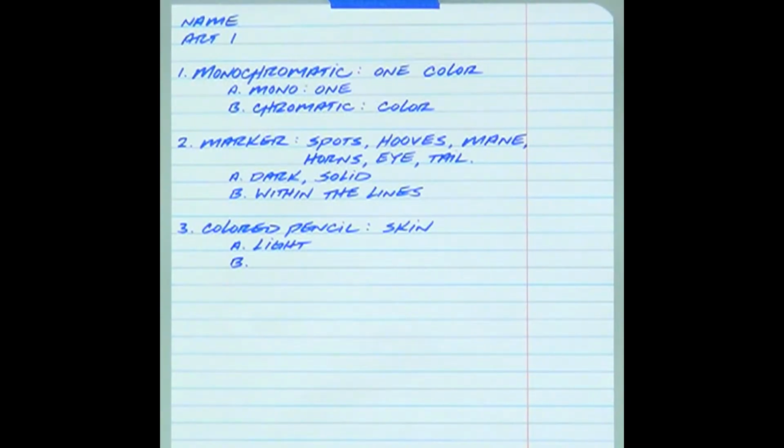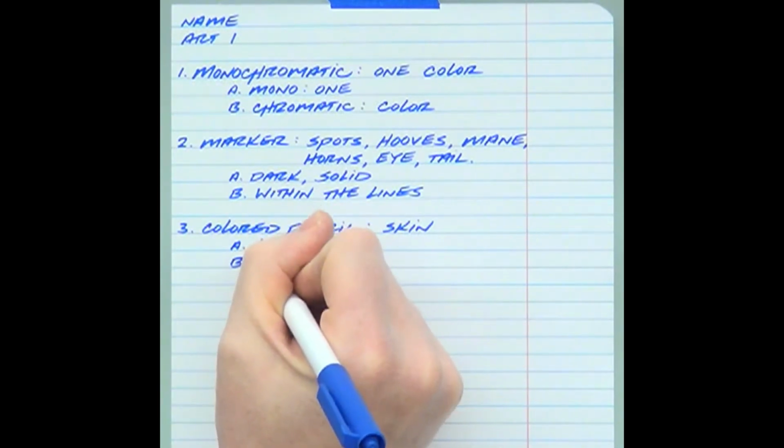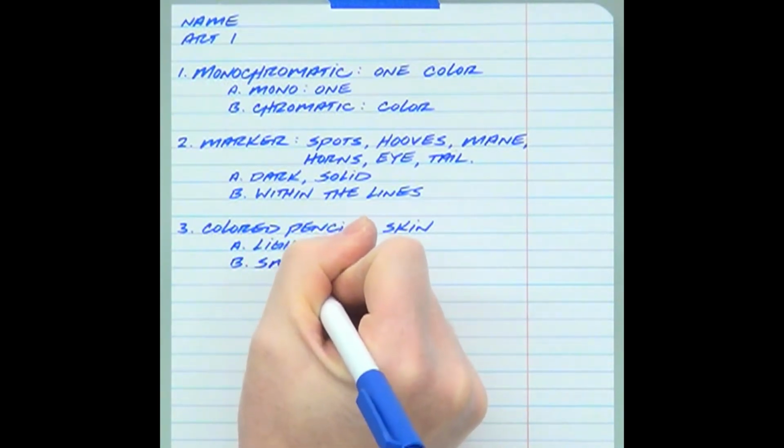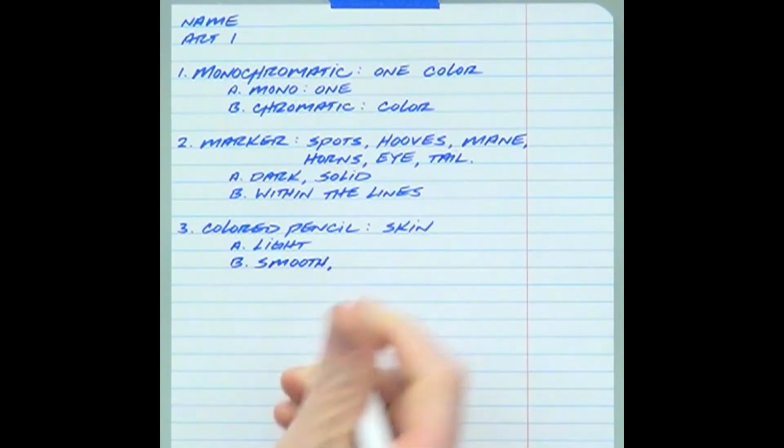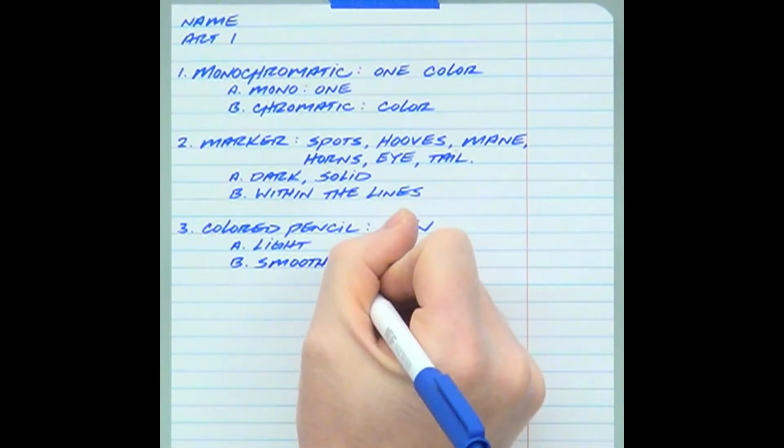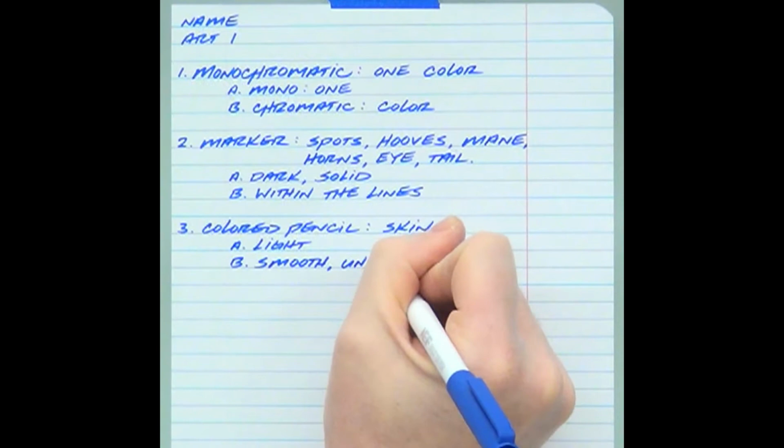Okay, continuing. Indent, letter B. Now I want your colored pencils to have a certain characteristic, or characteristics. Smooth, like that, comma, unscribbled.